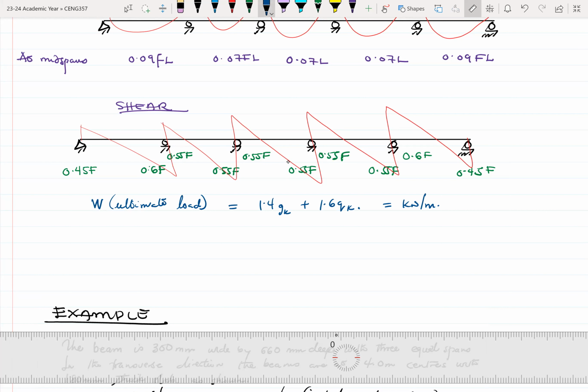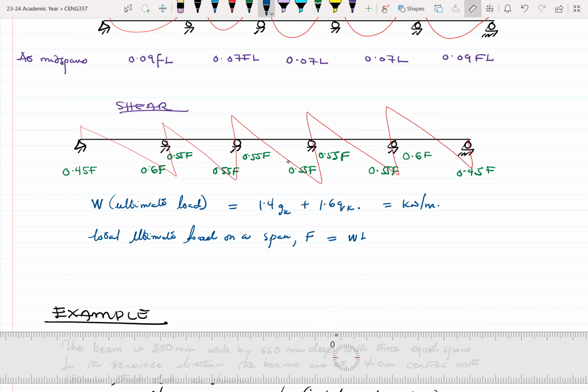But what we call the total ultimate load on a span, that will be our F. Okay, the F that's in the table, where F is simply W times L.